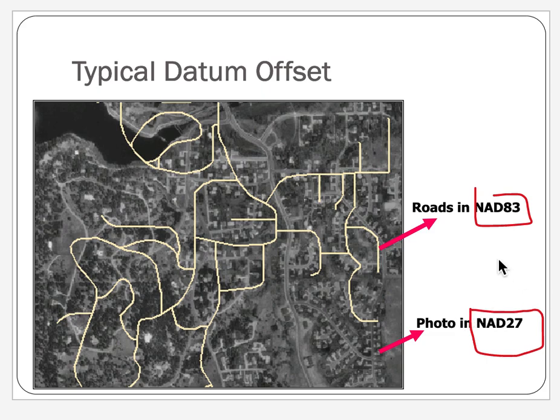So again, NAD 83 is a more accurate position compared to NAD 27, and we know that because it's using a globally referenced ellipsoid, which has a more accurate representation, at the center of Earth's mass. You could try to match up these roads with the photo, but you could already tell that it's off by a lot.